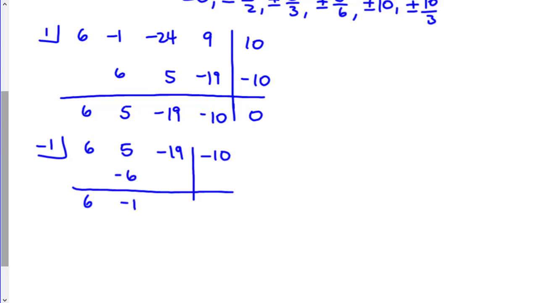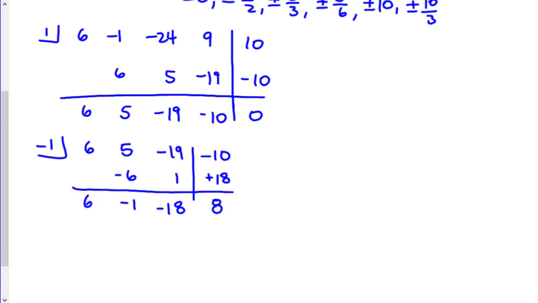This becomes negative 1, positive 1, 18, negative 18, and oh, sorry, I just noticed this is a negative 18, which makes that a positive 18. Regardless, it's an 8 or a 28. Either way, it's not 0. So negative 1 is not a 0.